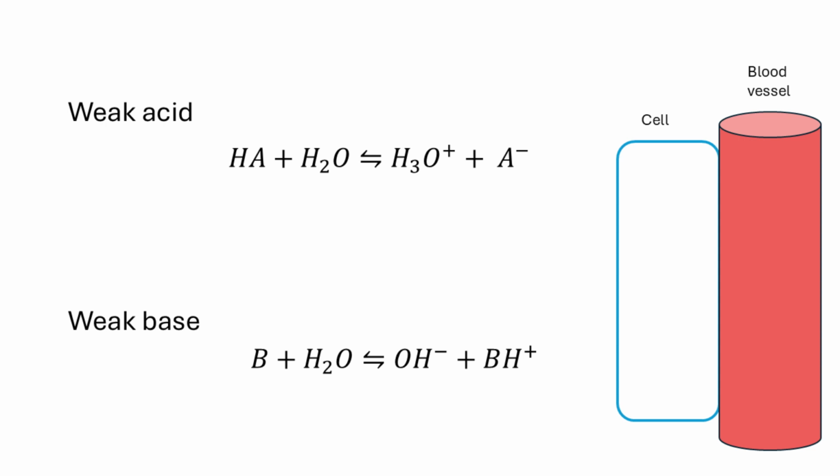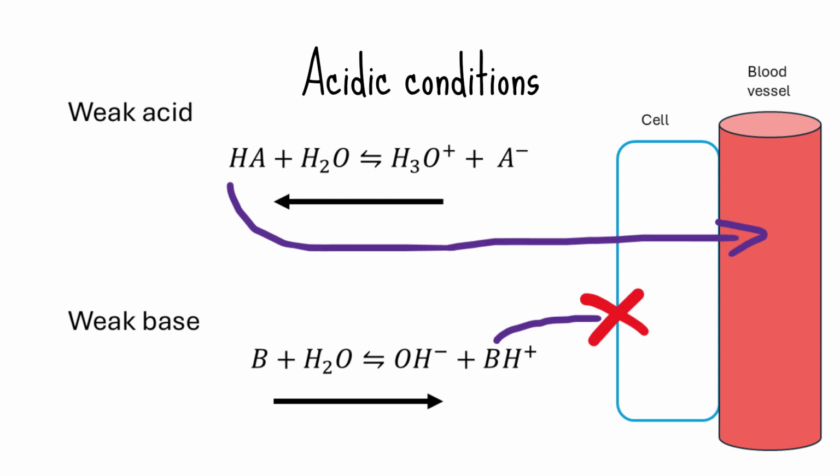The extent of ionization is dependent on the pK of a drug and the pH of the medium in which the drug is dissolved. For example, in acidic environments, such as the stomach, which has a pH of 1.2, weak acids exist predominantly in their unionized form and are able to cross the cell membranes more easily. However, for weak bases, the extent of ionization increases and less unionized drug is available to cross the cell membrane.